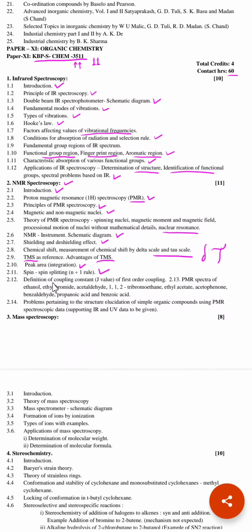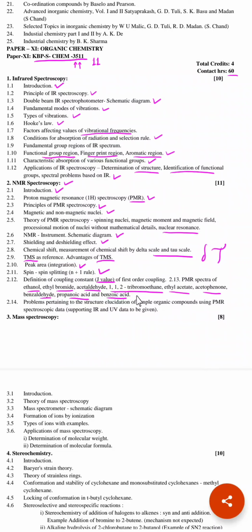Then definition of coupling constant, that is J value of first order coupling, and the PMR spectra of some popularly known compounds, that is ethanol, ethyl bromide, acetaldehyde, 1,1,2-tribromoethane, ethyl acetate, acetophenone, benzaldehyde, propanoic acid, and benzoic acid.